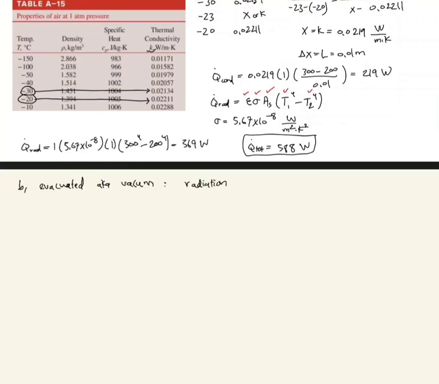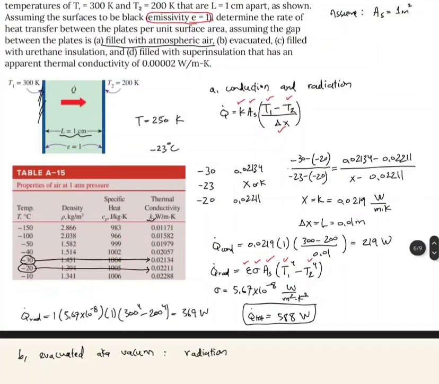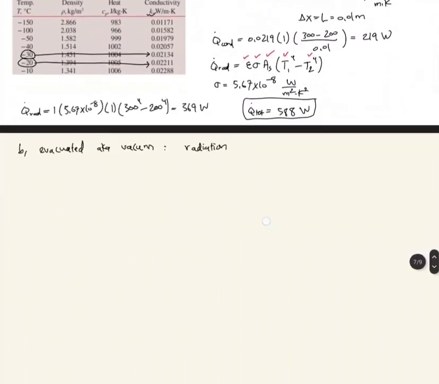The heat transfer between these two plates, if it's vacuum, is pure radiation. So the formula for pure radiation is the same thing we have here, and basically it's this one, because nothing changes. They all stay the same. So 369 watt, which is the Q total.